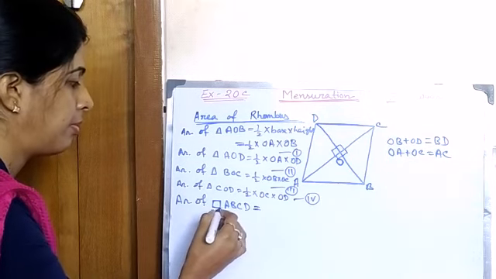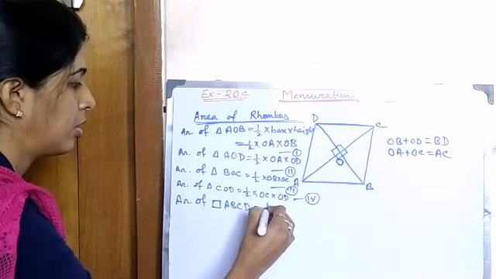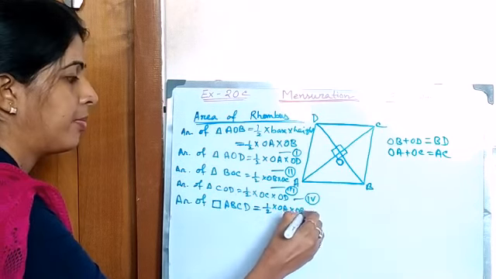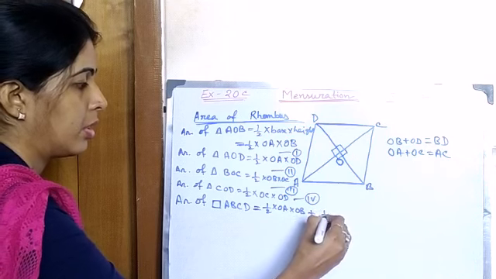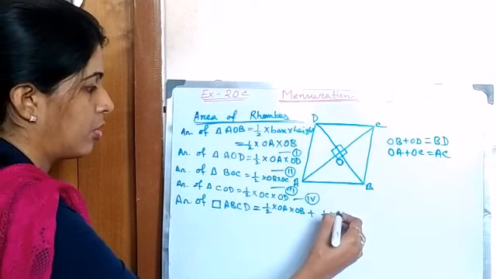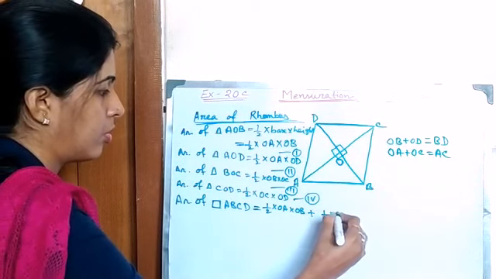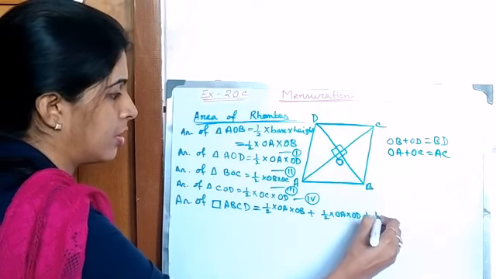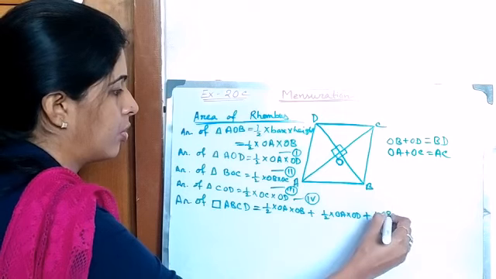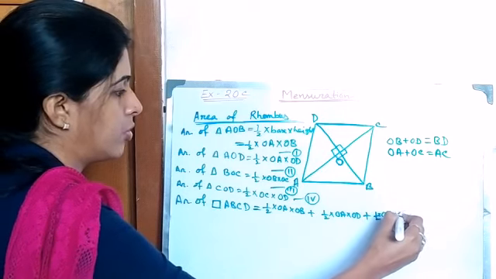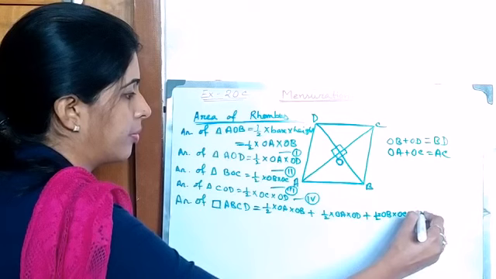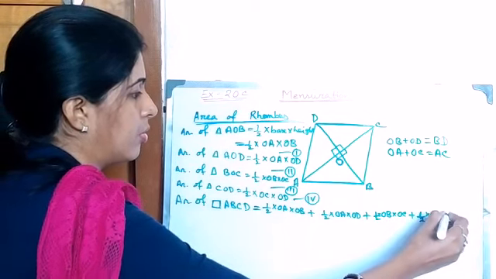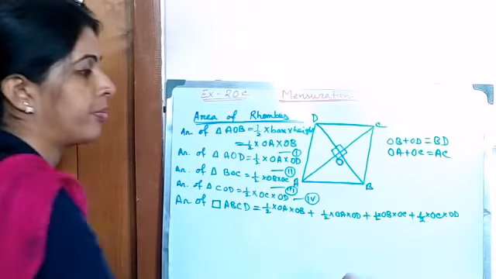Area of rhombus ABCD equals half into OA into OB plus half into OA into OD plus half into OB into OC plus half into OC into OD.